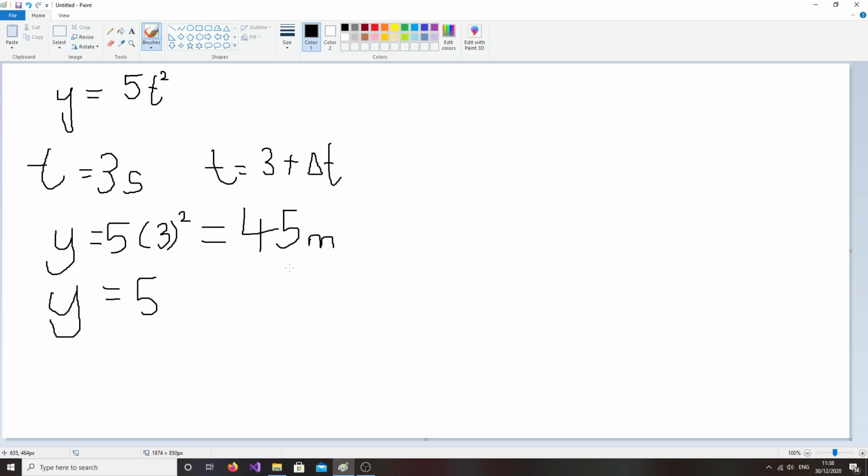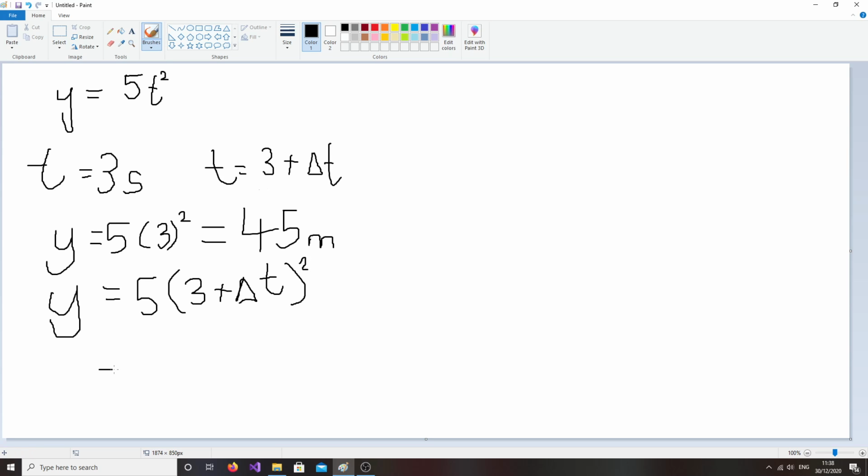So t equals 3 plus delta t, and then we square it: 5 times (3 plus delta t) squared.